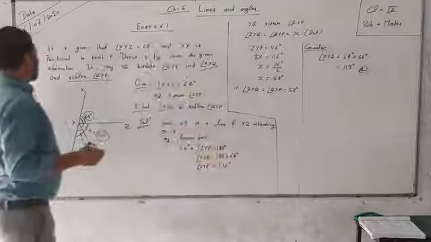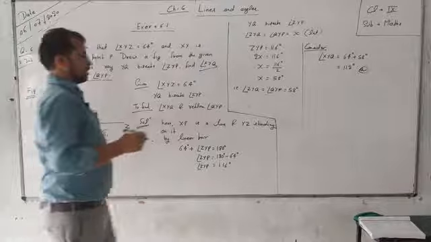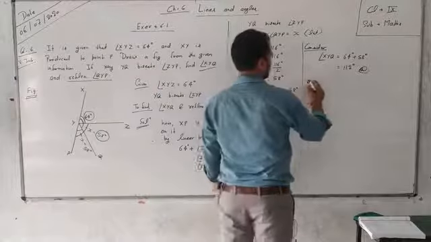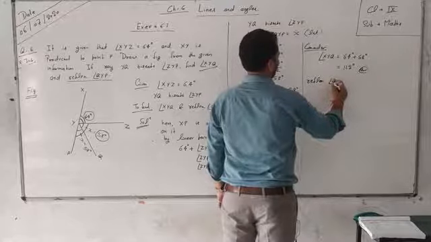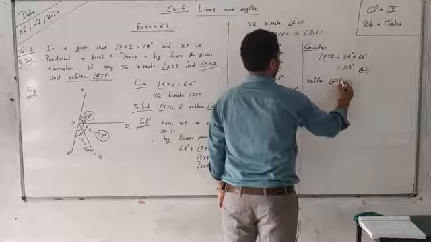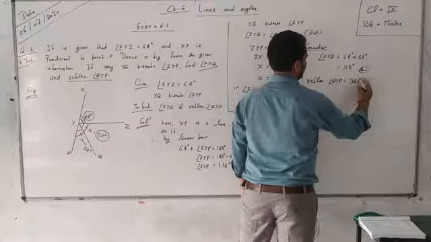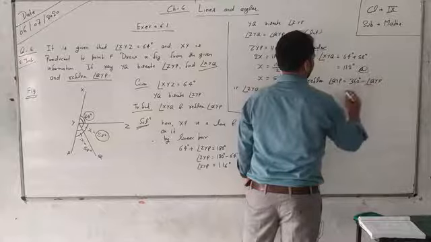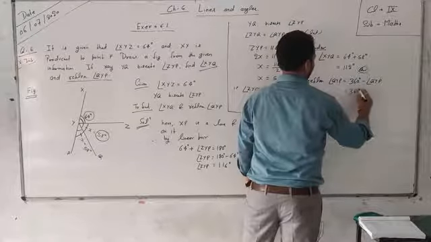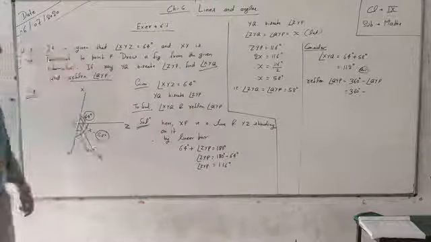And the second answer is what? Reflex angle QYP. Reflex angle QYP means 360 degrees minus angle QYP. 360 degrees minus, what is the value of angle QYP?